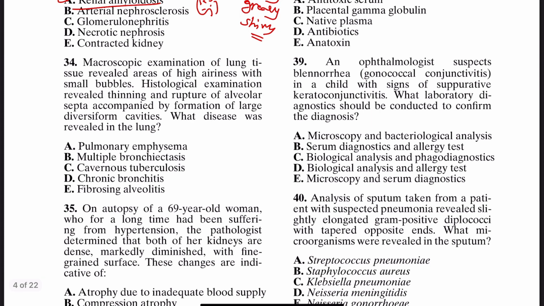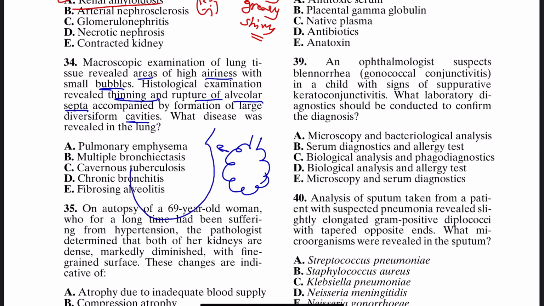Here we see in the lung tissue areas of high airiness, with bubbles. And we have thinning and rupture of the alveolar septum with formation of large cavities. What disease is it? This disease is called emphysema. Instead of the alveoli having this structure, loss of elasticity in the alveoli will make it look like a big cavity.